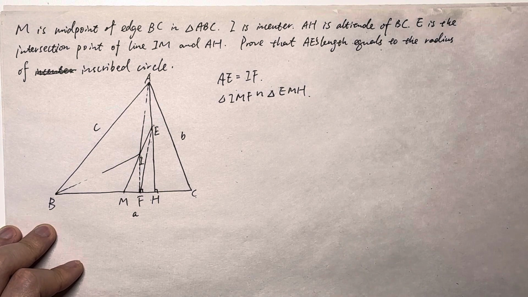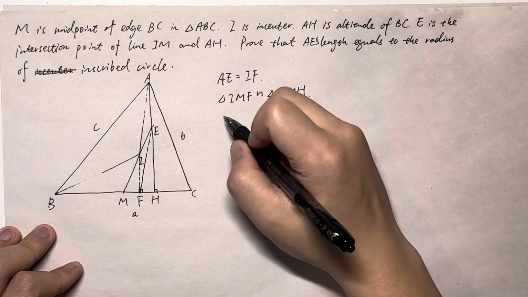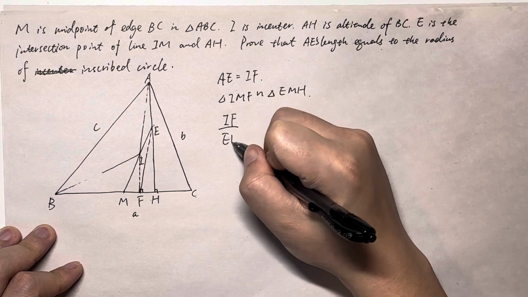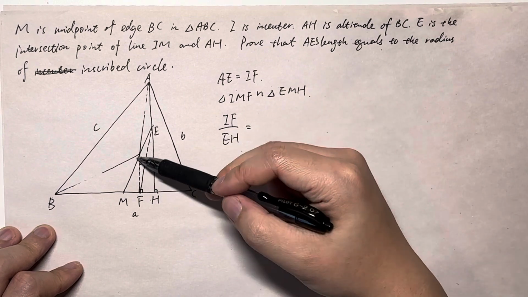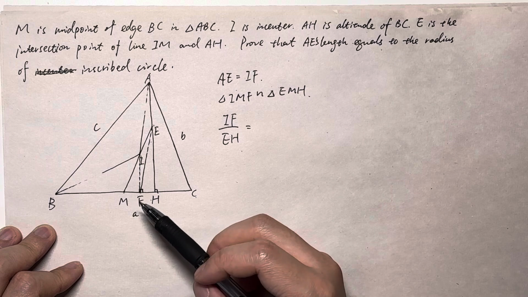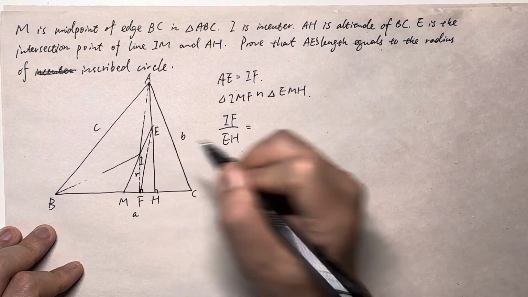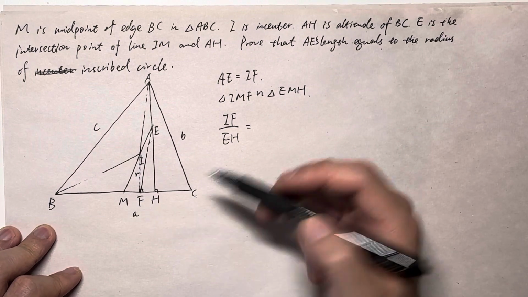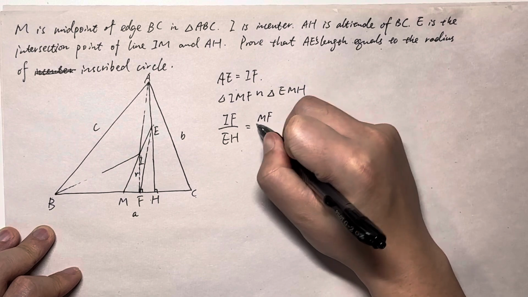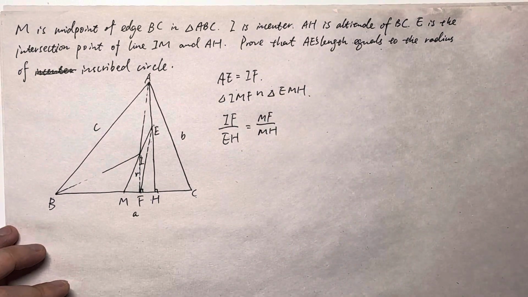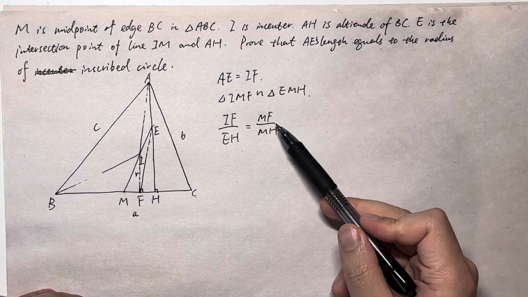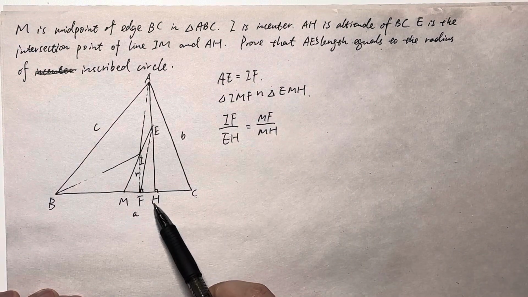That means the ratio of IF to EH equals MF to MH. Here IF is r, the radius of the inscribed circle.